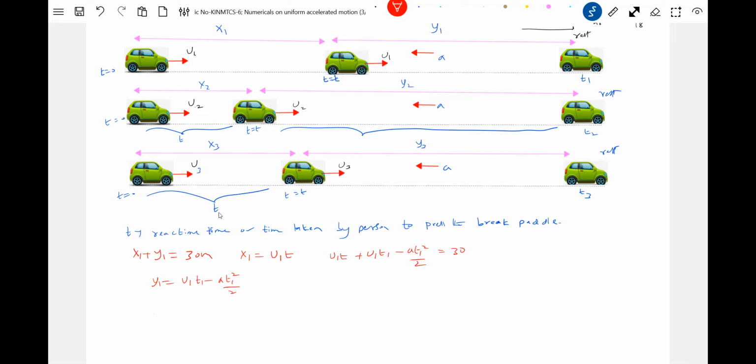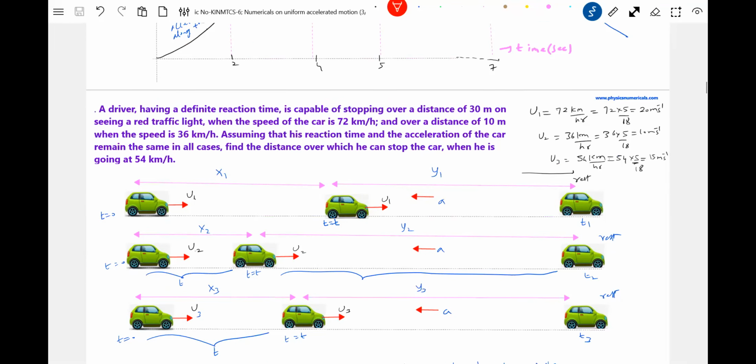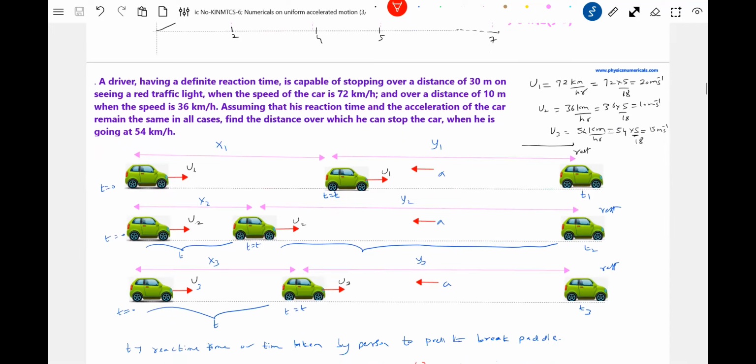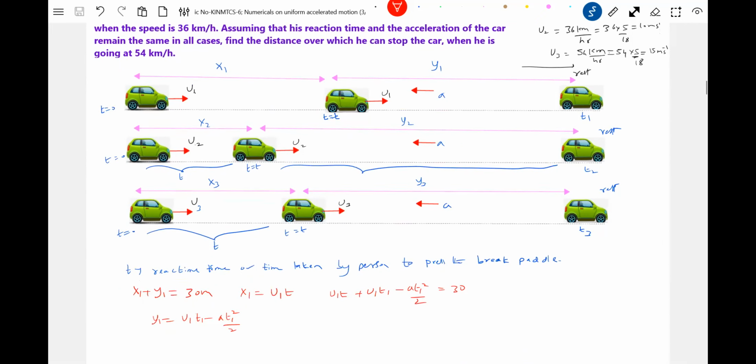Okay, what is unknown thing now? What is the biggest problem is like U1 we know, A, T and T1 we don't know. Because what is the data given? Only that find the distance over which you can stop the car when it is going at 50 km per hour.